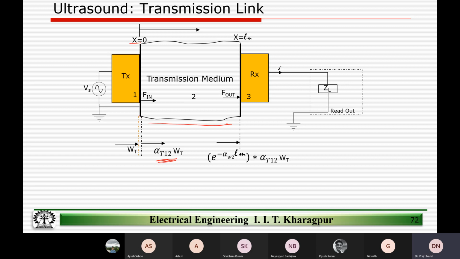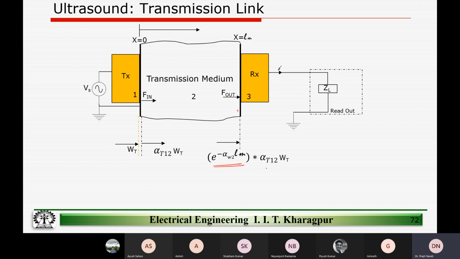Because the wave is propagating a distance of Lm, there is a loss in the medium, right? And eventually the power that will reach this interface is e to the power alpha W2 Lm. Why W2? Because this alpha W2 is a property of this transmission medium. This equation also we had actually seen. Right? So this is the amount of power that is incident on this interface between 2 and 3.